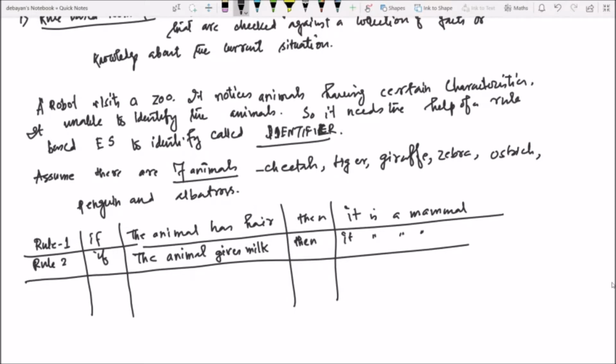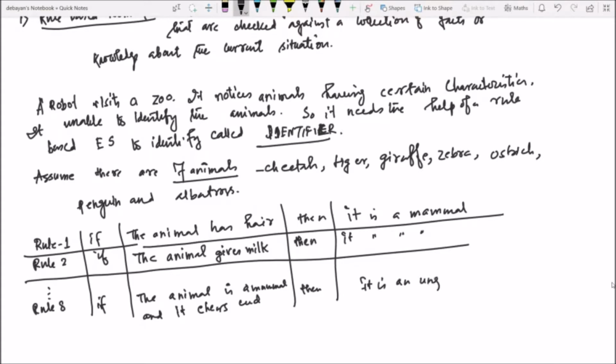So the thing is that say there is a rule 8 that if the animal is a mammal and it chews cud, then it is an ungulate and it is even-toed.